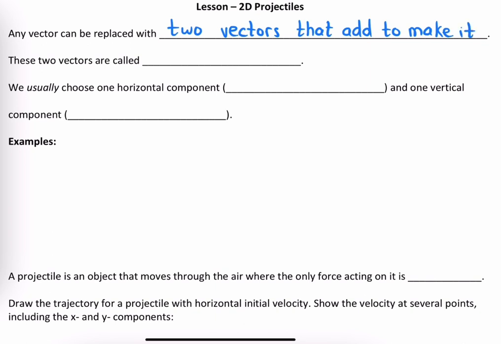We have a special name for these two vectors. They are called components.